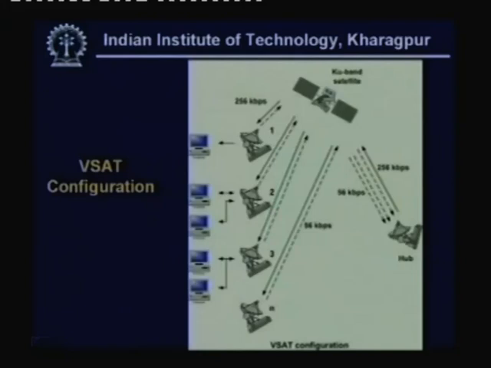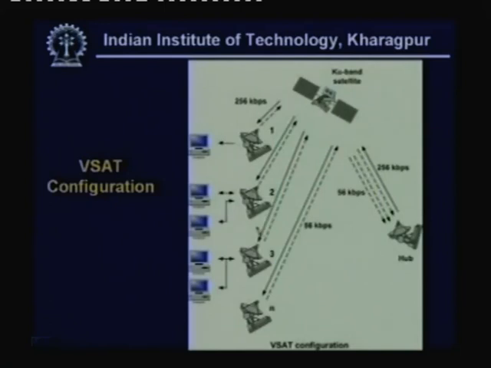The hub diameter can be around, say, 10 meters. On the other hand, these VSAT terminals can have much smaller diameter, around, say, 1 meter or a little more than a meter in diameter. It depends on the frequency band that is being used. For a Q band satellite, it might be around 1 meter or even lower.